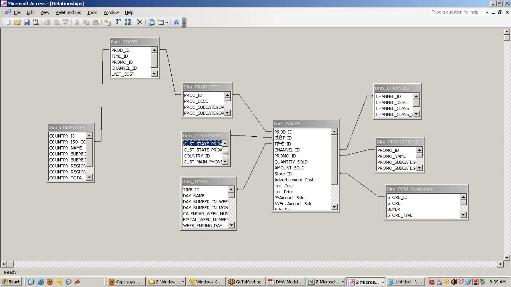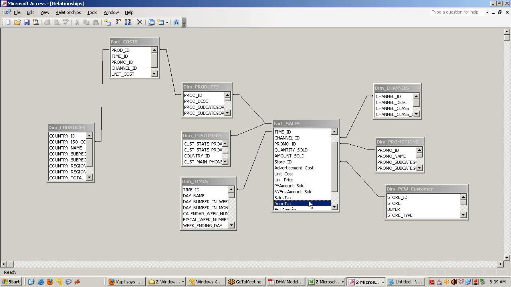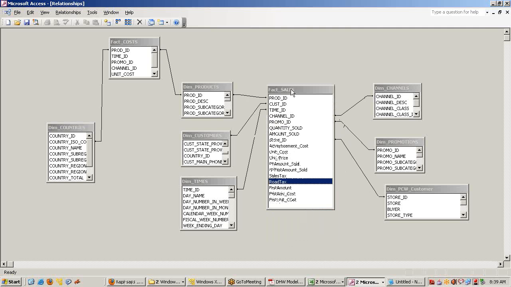Therefore, my fact table consists of foreign keys with respect to various dimensions and numeric facts, right? Advertisement cost, unit cost, sales tax, road tax, all these are numerics or facts, and eventually we perform calculations and analysis on them.